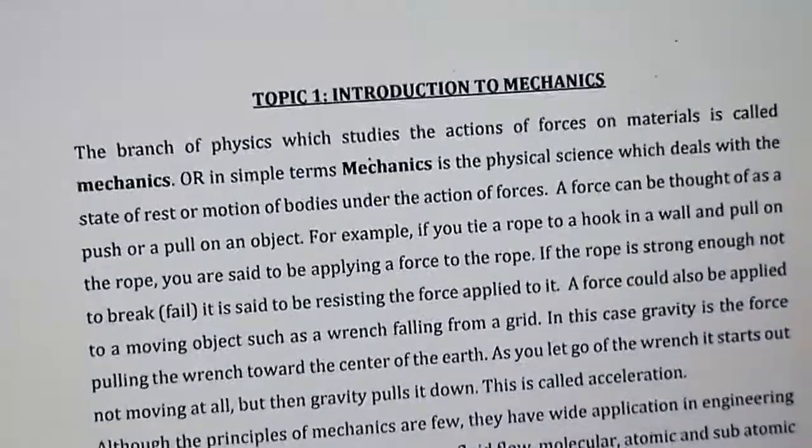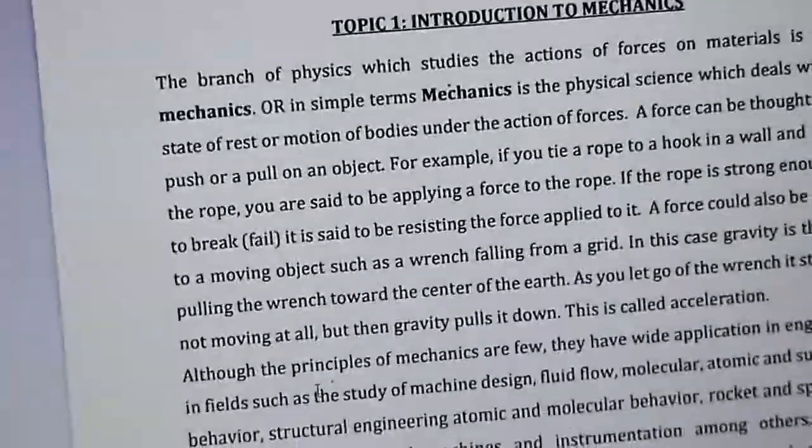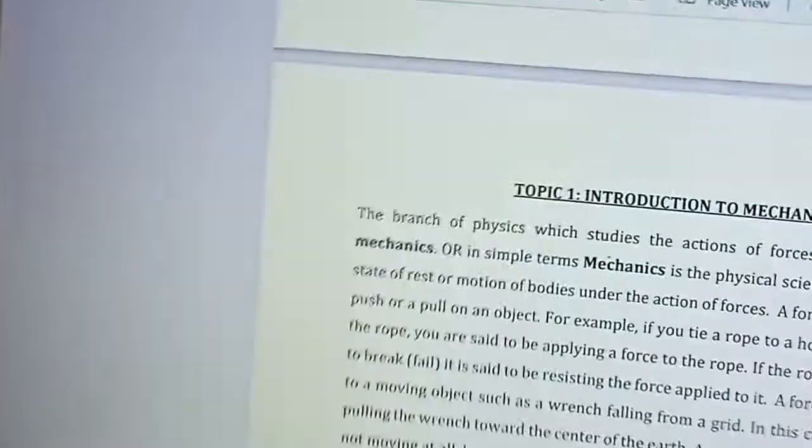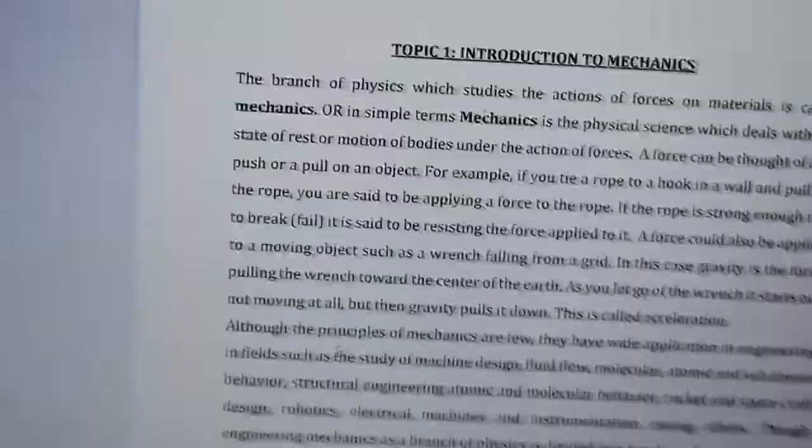If we have a column, by now we all know what a column is, of, let's say, 100 millimeter diameter, if it is circular, the load it can carry is not the same as a column which is 500 millimeter diameter.